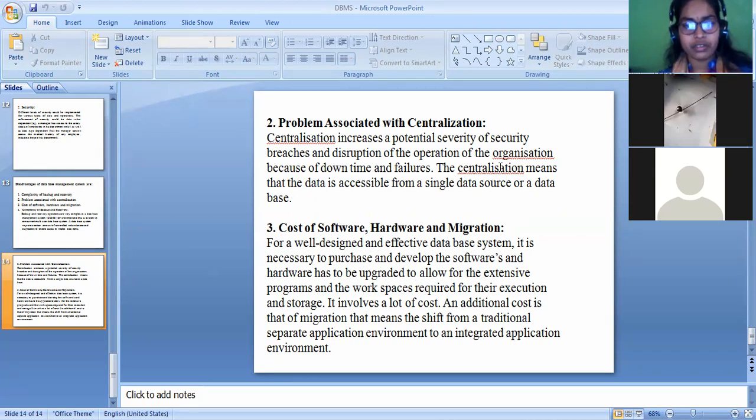It involves a lot of cost, and an additional cost is migration, that means a shift from a traditional separate application environment to an integrated application environment. So the costs of software and hardware are different. All three of these are disadvantages of database management system.